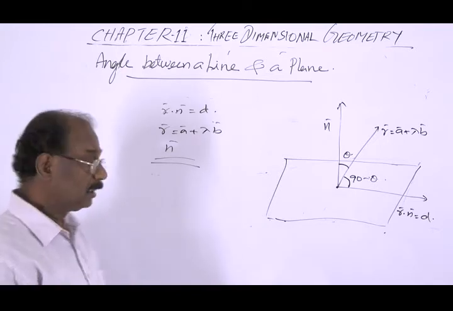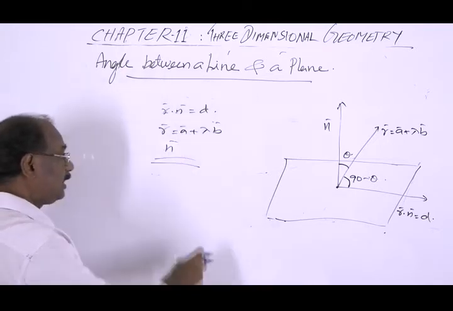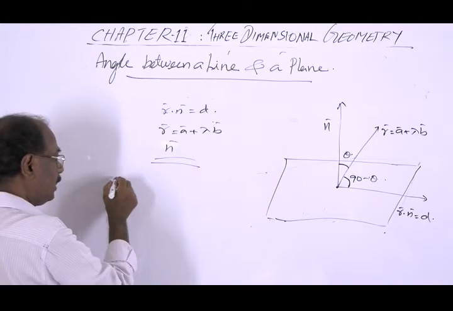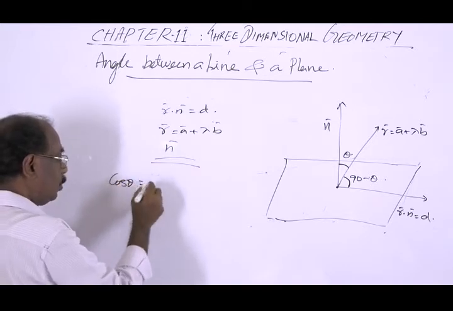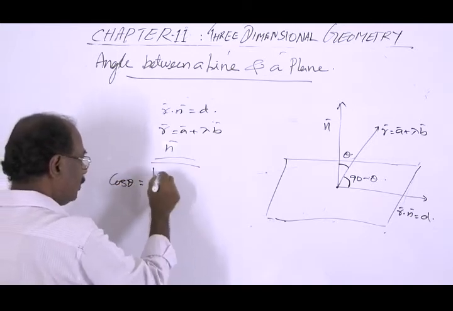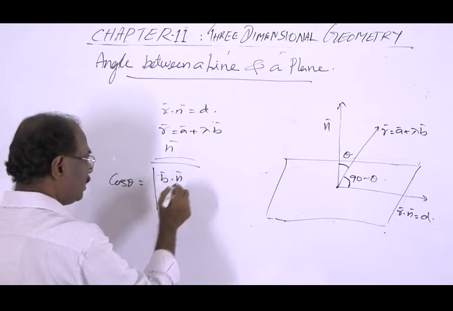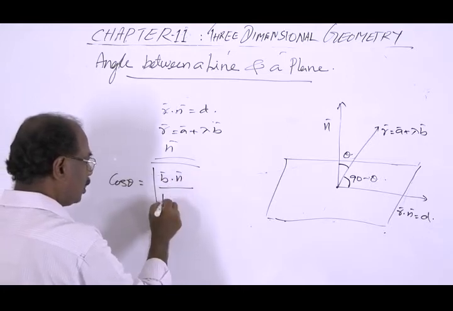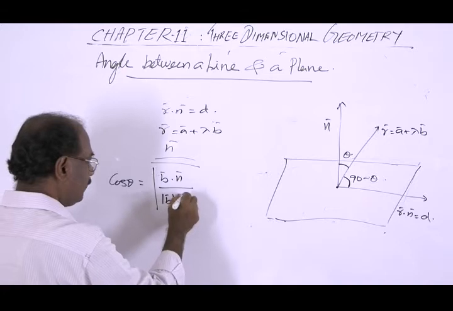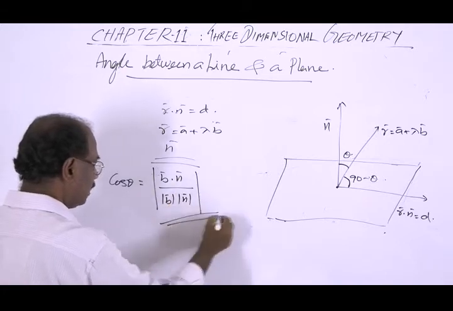normal. Therefore, if theta is the angle between B and the normal, then cos theta is equal to modulus of B dot N by modulus of B into modulus of N. So this is cos theta.